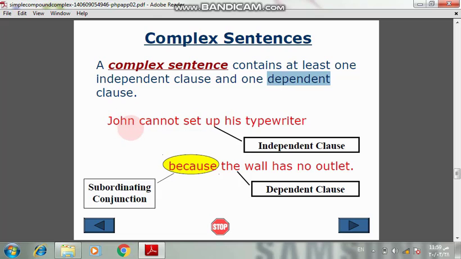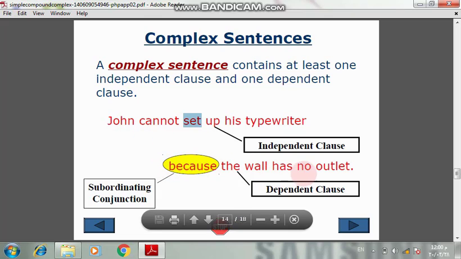For example, John cannot set up his typewriter. Ask yourself, did you understand anything? John cannot set up his typewriter. Yeah, it makes sense. John is not able to set up or install his typewriter. I understood it.